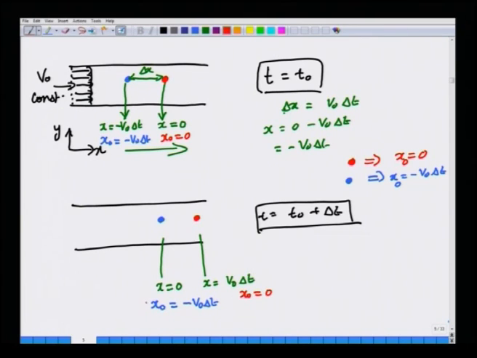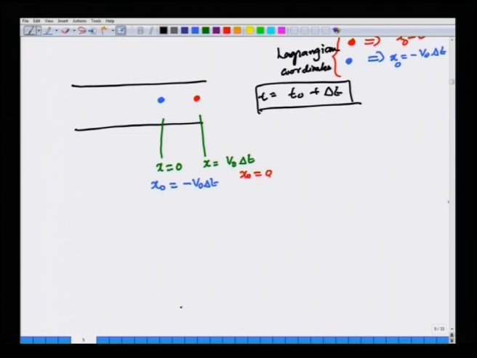This is the initial position of a particle which is currently at x equal to 0. This is the initial position of this red particle which is currently at x equal to v0 delta t. So, these are the Lagrangian coordinates, these are the Lagrangian labels or coordinates.